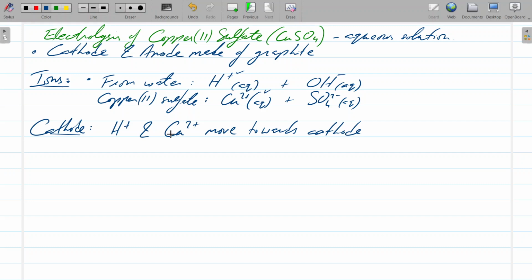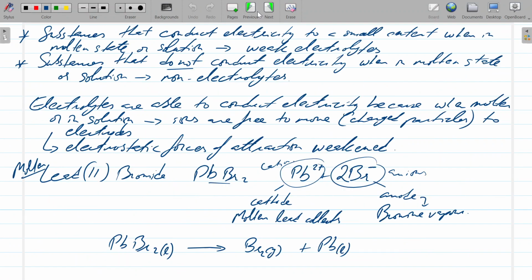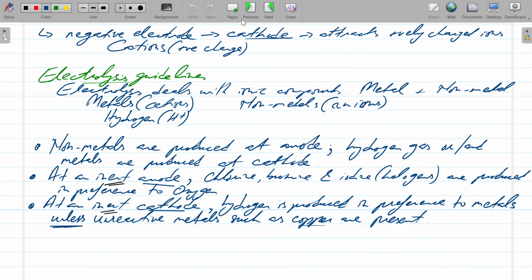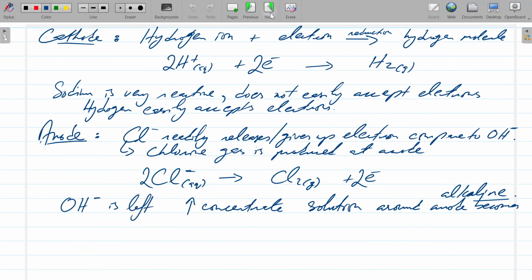Copper, because it is an unreactive or less reactive metal. So if I move back very quickly to the general guidelines: at an inert cathode, hydrogen is produced in preference to metals unless unreactive metals such as copper are present. So if this is an unreactive metal, then that would take preference over hydrogen. So that is exactly what will happen over here.